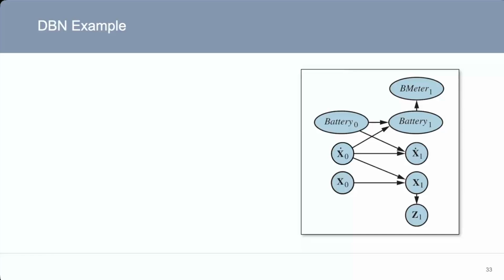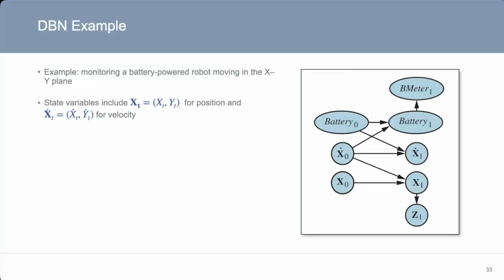Let's now take an example for a dynamic Bayesian network. That is, we want to monitor a battery-powered robot moving in the XY plane. And for that, we can have state variables that give us the position of the robot as well as the velocity of the robot. We assume some method of measuring position, perhaps a fixed camera or a GPS, yielding measurements Zt.